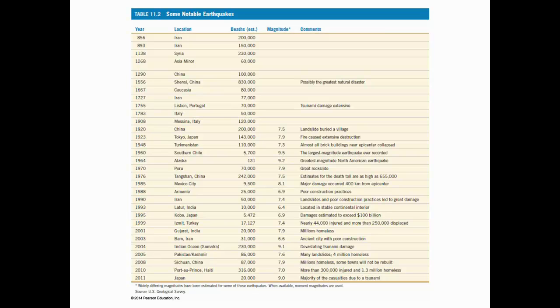Possibly the greatest natural disaster of all time was the earthquake that occurred in 1556 in China, where 830,000 people are thought to have been killed. And so this is a very important topic for not only geologists, but for a civilization as a whole, because obviously earthquakes are something that everybody needs to be concerned with.